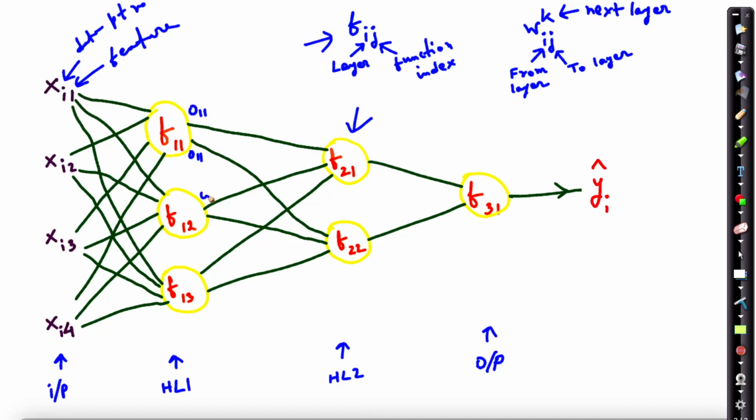Similarly, the output of F12 is O12, and O12 will propagate along this edge also. Same over here, O13, O13. The common output will go from these edges. Similarly here O22 and O21. Here O31 is the final output.